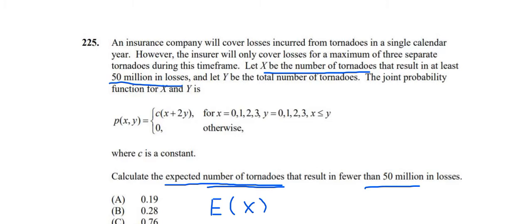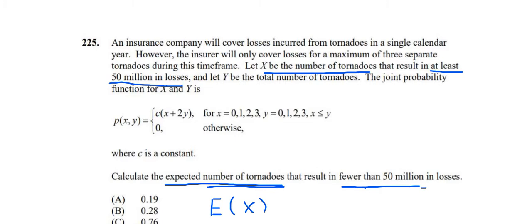Calculate the expected number of tornadoes that result in 50 million loss. So what is X? X is at least 50 million loss.